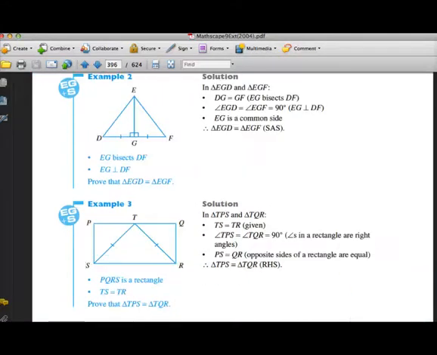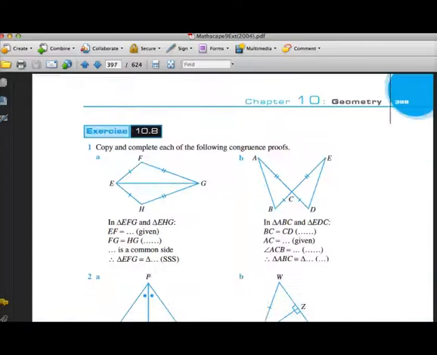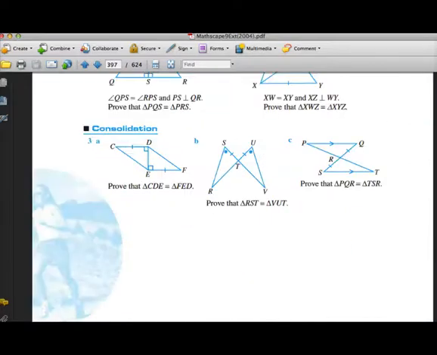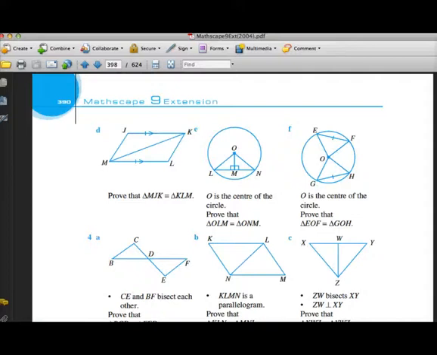We've also done question 1, A and B. We've also done question 2. So for homework, I'm thinking question 3. How about question 3, A, B, C, D, E, F?